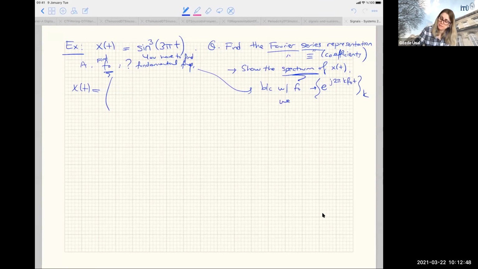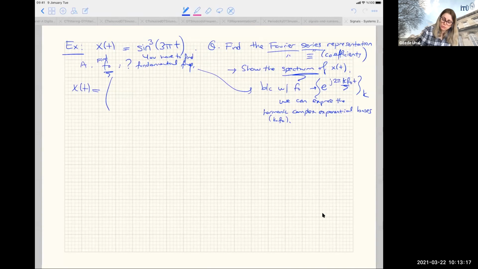We can express the basis function form. The complex exponential basis, which is the harmonic complex exponential basis, of course. Harmonic comes from k f0, right? That's important.